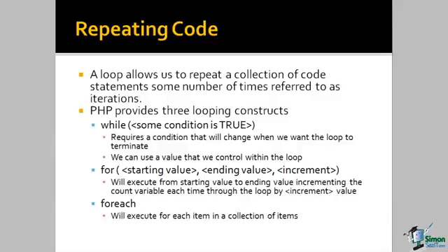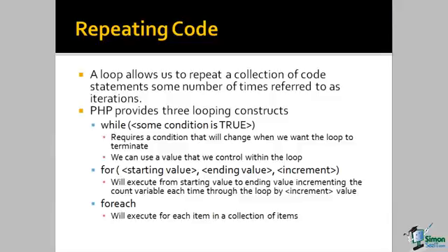The for looping construct has the definition of the loop control in the call. So when we create a for loop, we have to give it a starting value, we have to give it an ending value, and we have to give it the increment by which it's going to count the number of iterations through the code block.